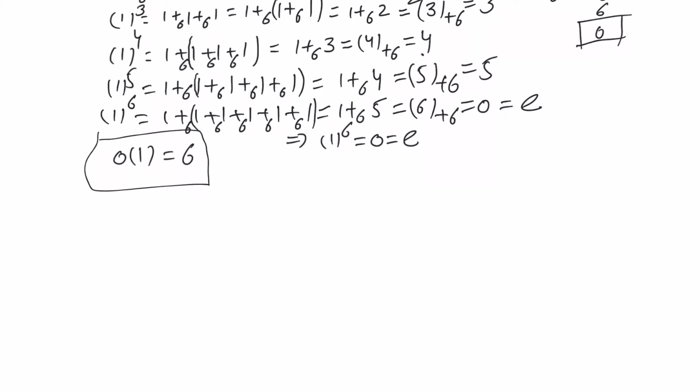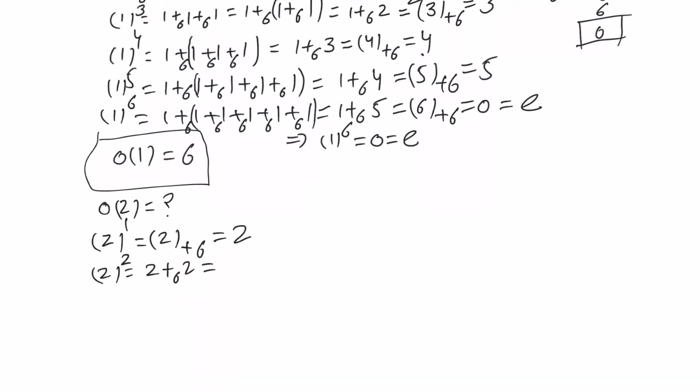Next we have to determine the order of 2. Now let us see under addition modulo 6. 2 to the power 1 is equal to 2. 2 to the power 2 is 2 plus 2, which gives 4, and under addition modulo 6 it is 4. Now we have more than 2 elements, 2 plus 2 plus 2, so the associative principle comes into action.